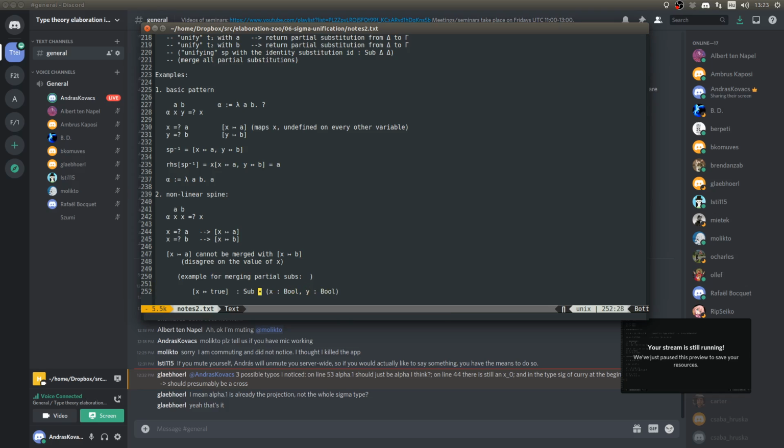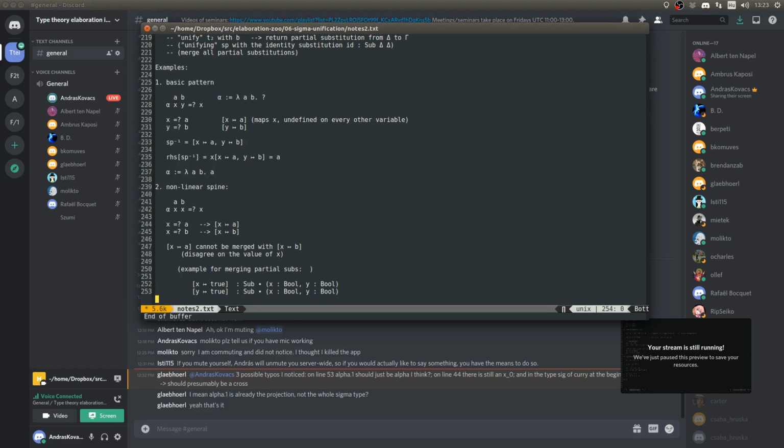A total substitution would have two entries because it has to map x to something and also map y to something. But this is a partial substitution because it only maps x. And then likewise I can have a mapping of y to false.